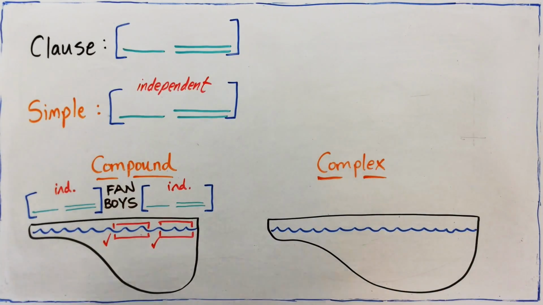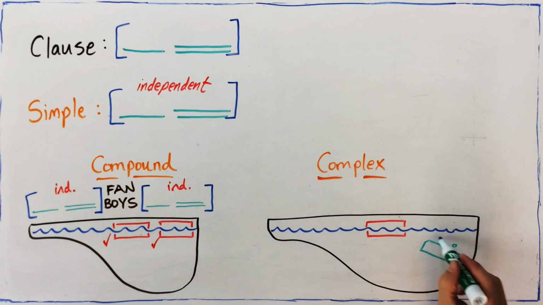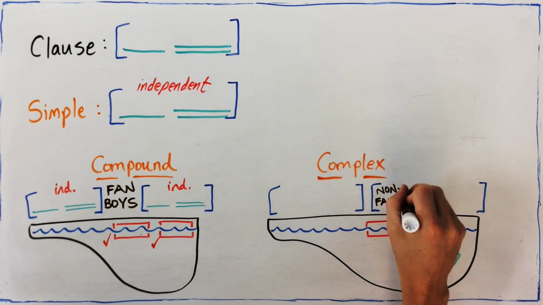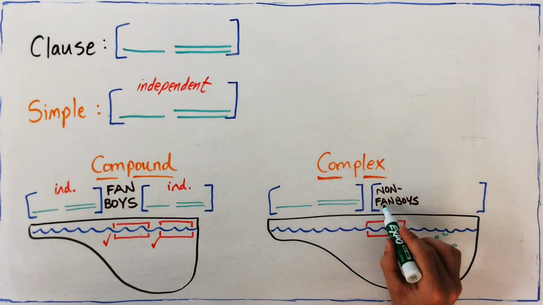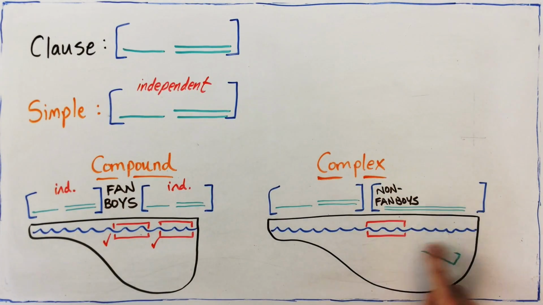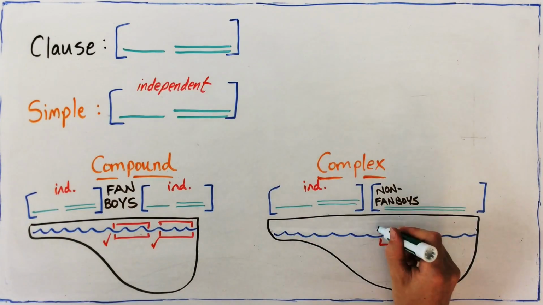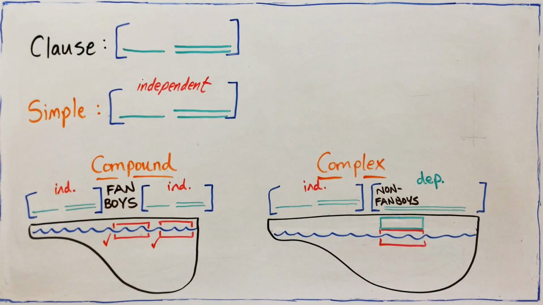A complex sentence is different and trickier. You've got one independent clause and one dependent clause that would drown unless the first one took it over. What makes the dependent clause dependent is a non-fanboys conjunction, an awubis conjunction, a subordinating conjunction. Some complex sentences will start with a dependent clause and end with an independent clause, but you can still follow the same rules.